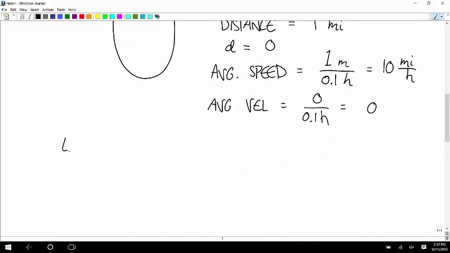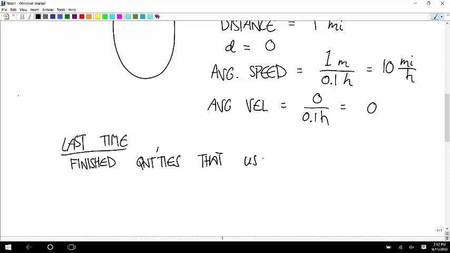Okay, so last time we finished talking about all of the directional quantities. So we finished these quantities that we're going to need in 1D particle kinematics.